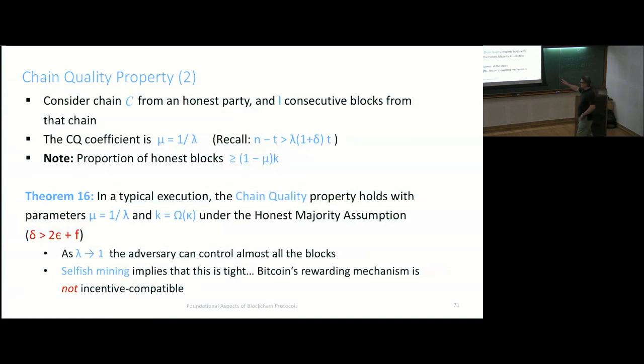And it turns out that there is a strategy that makes this bound tight. Again, the strategy comes from selfish mining. I mentioned this Eyal and Sirer paper early on, and selfish mining is a strategy where the adversary mines but doesn't reveal his results, and he keeps them, right? And when an honest guy, another guy, publishes a block, that's when he publishes his.